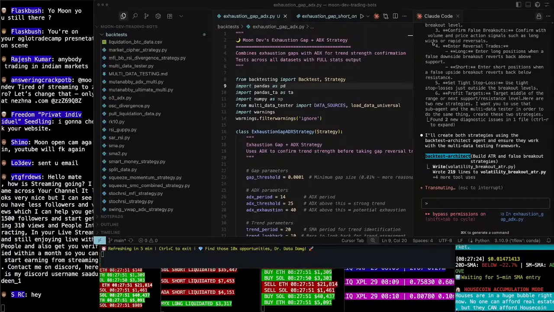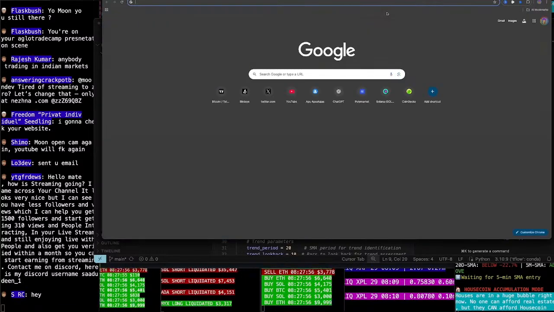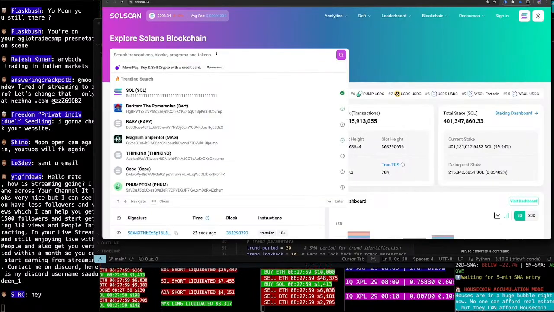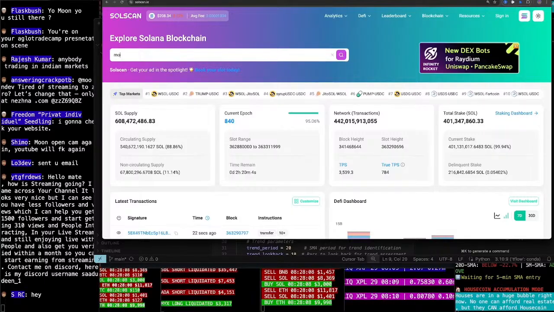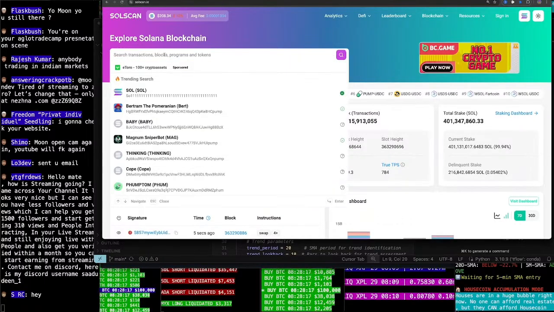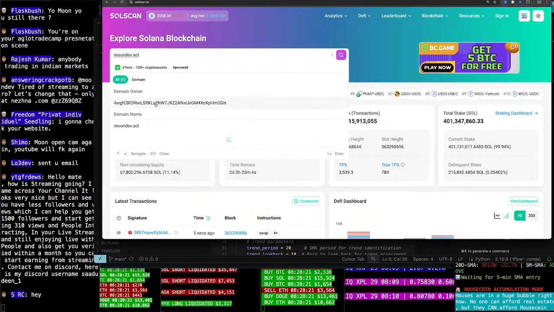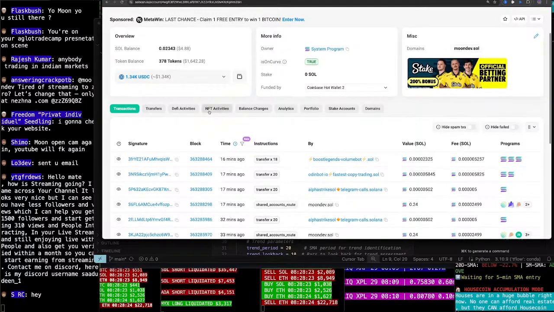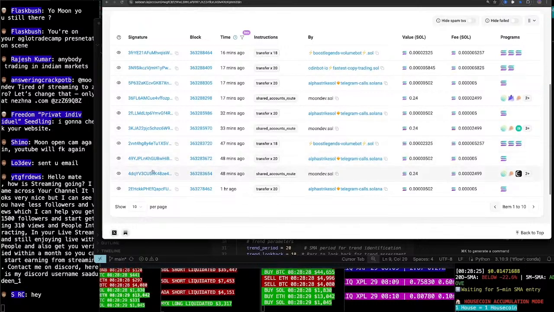Let's see, I have this DCA bot here that I built the other day. I want to see if it's been entering at all. So let's go to SolScan. Let's go to moondev.sol. Just left for a dog walk here. So I just want to see it enter as we asked it to. Okay, 16 minutes ago, 17 minutes ago, it looks like. 33 minutes ago, and 48 minutes.